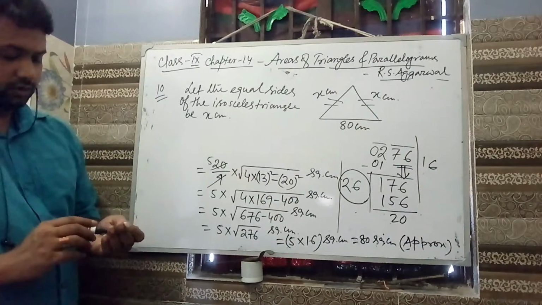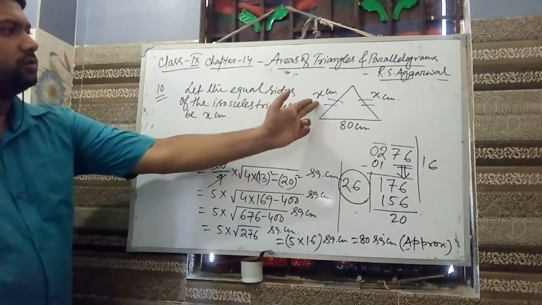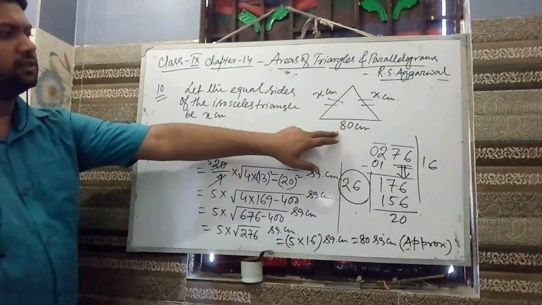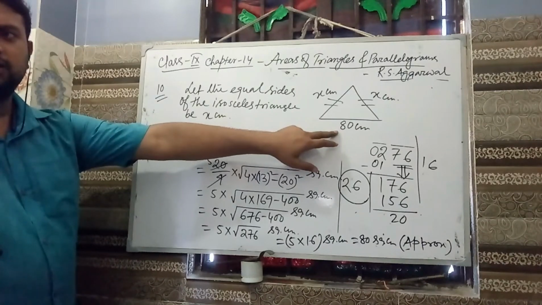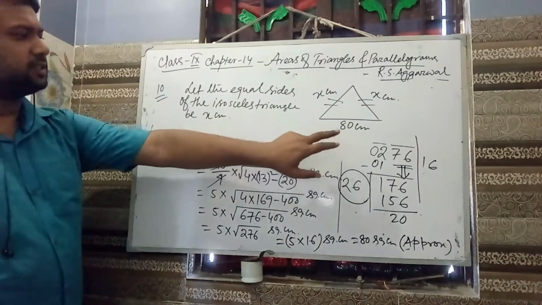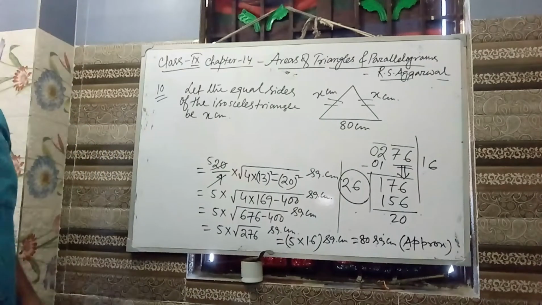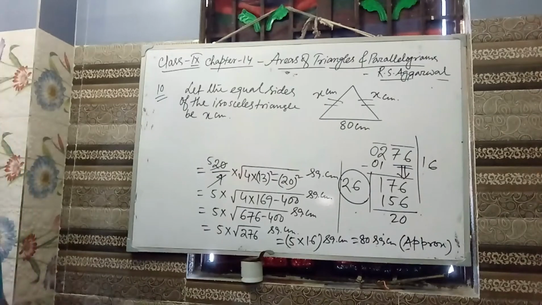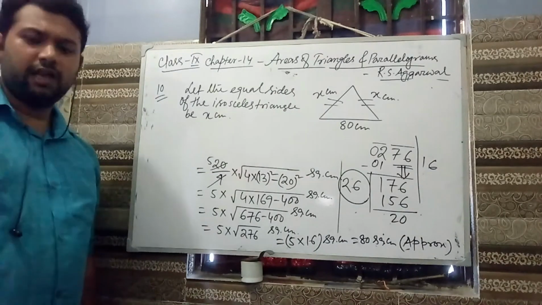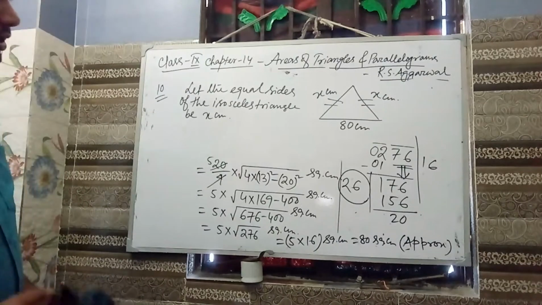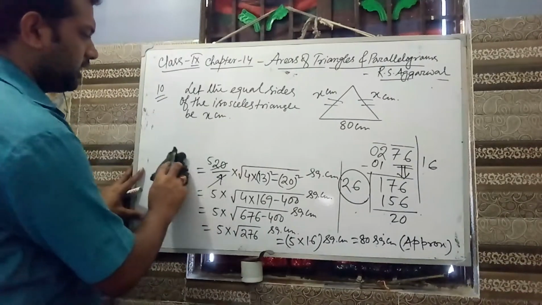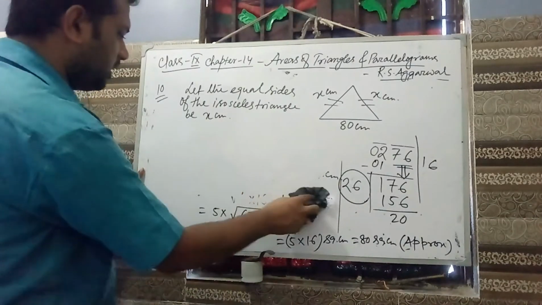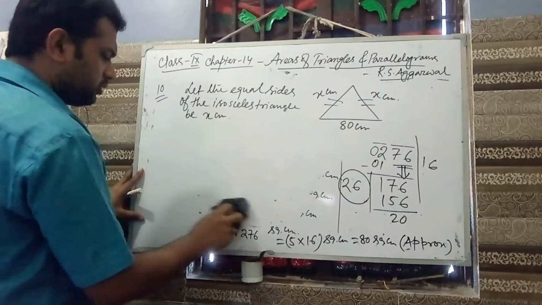So we have two sides measuring x and one side measuring 80. This 80 we will take as the base. You can apply Heron's formula or the formula to find the area of an isosceles triangle. In both ways, the sum can be done. But if you use Heron's formula, then it will be quite more difficult.